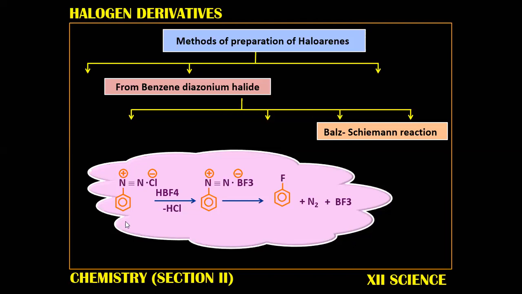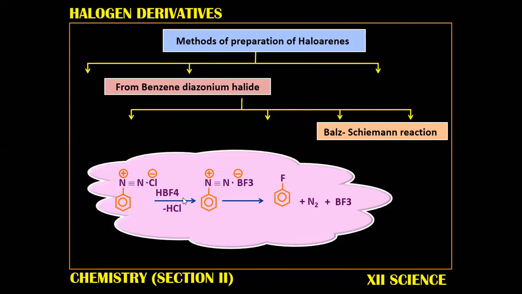Now there are 3 names you have to write here. Below this, write down benzene diazonium chloride. Below this, write down benzene diazonium fluoroborate. And below this, write down fluorobenzene.